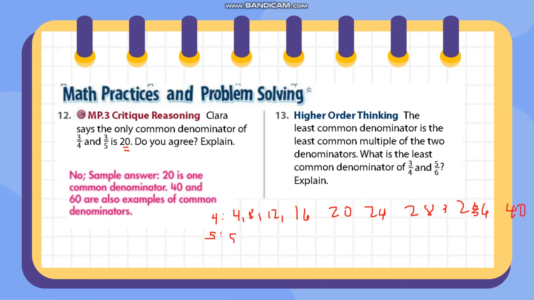So 5, 10, 15, 20, so that is the first common. Then 25, 30, 35, 40, so that is the second common.